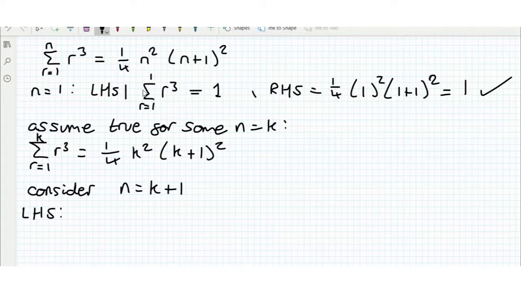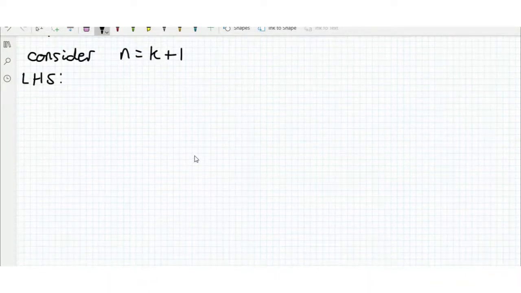We're going to try to show that using the assumption that the sum from r equals 1 to k of r cubed is equal to 1/4 k squared k plus 1 squared. Hopefully that makes sense.